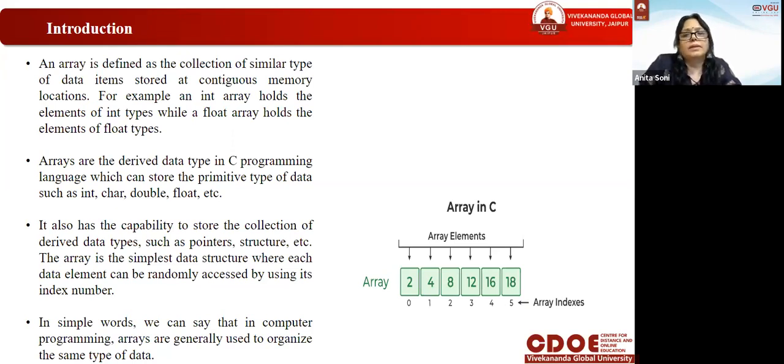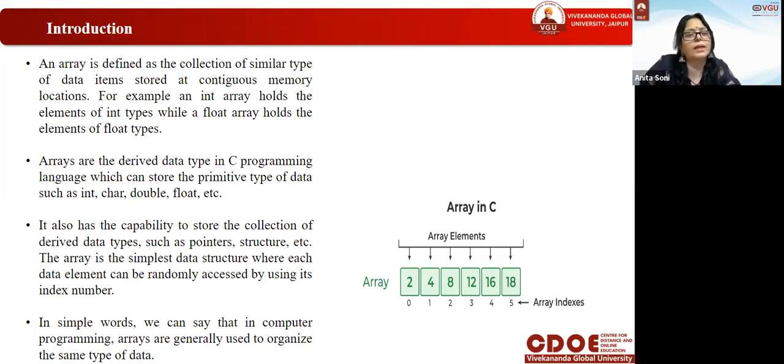In C we have primitive data types. Primitive means primary, predefined data types like int, float, short, char. Arrays are a derived data type, and they can store primitive type values like int, char, double, etc. They also have the capability to store collections of derived data types like pointer, struct, and union, which you will study later.